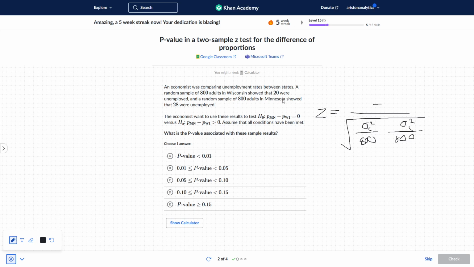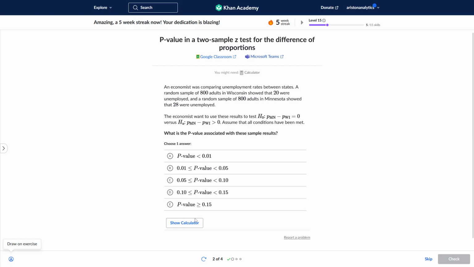Random sample, Minnesota, Wisconsin. Yeah.